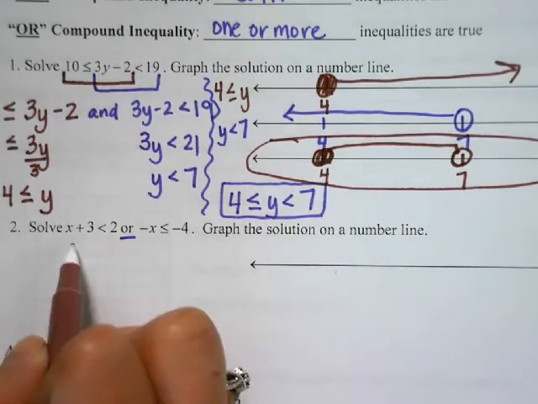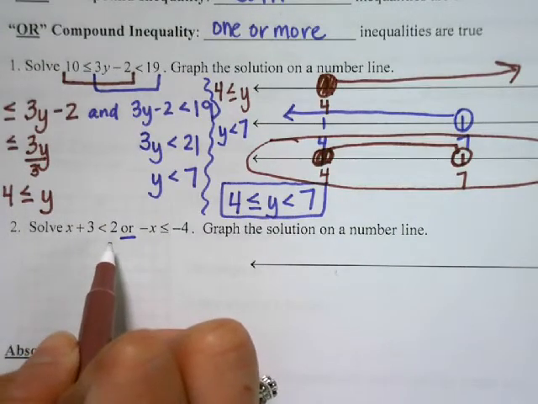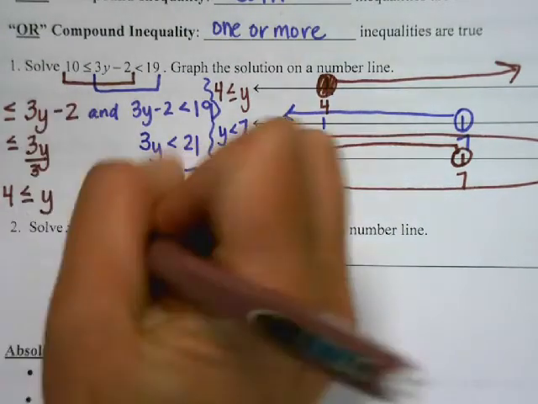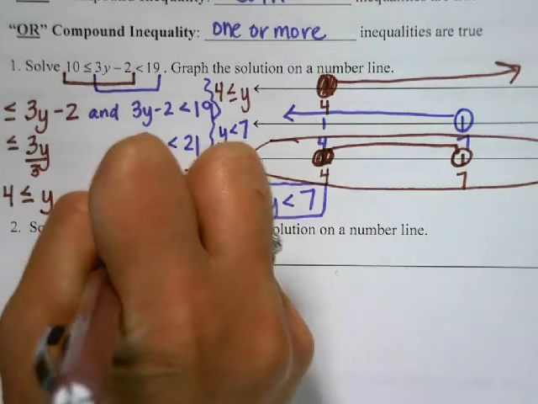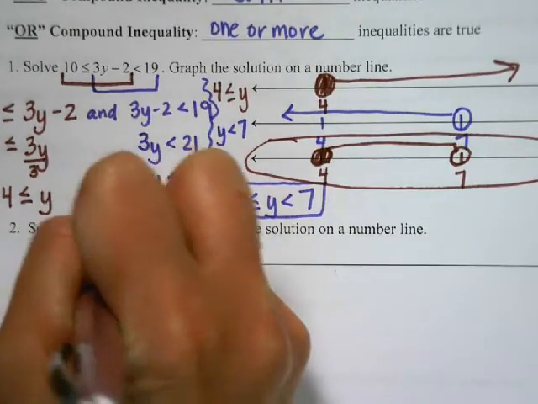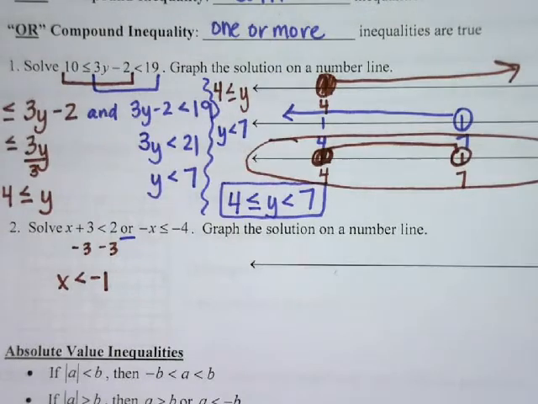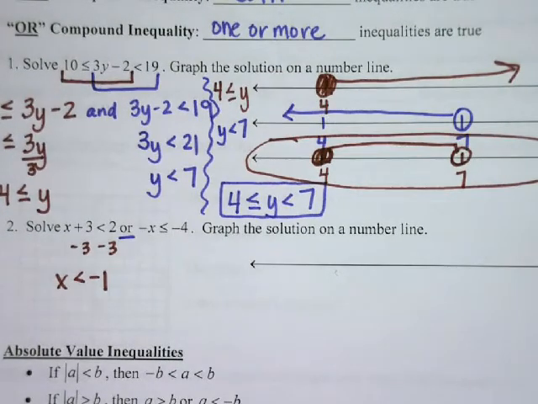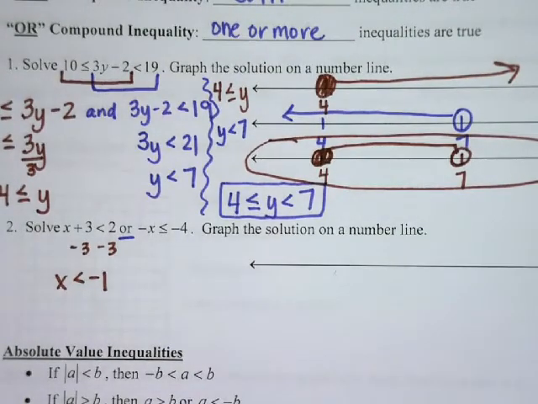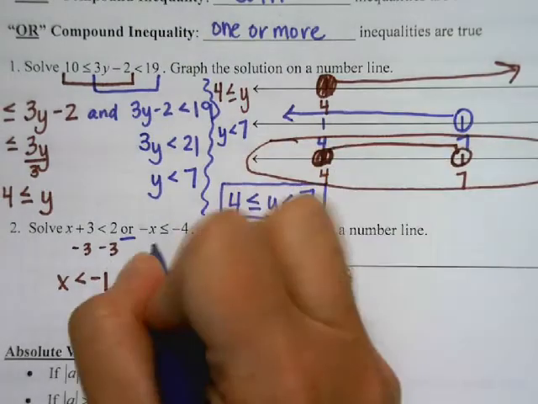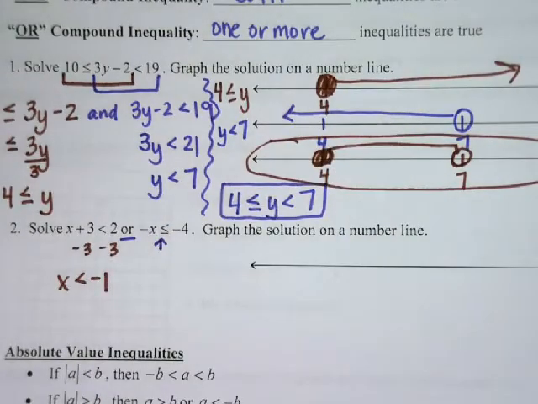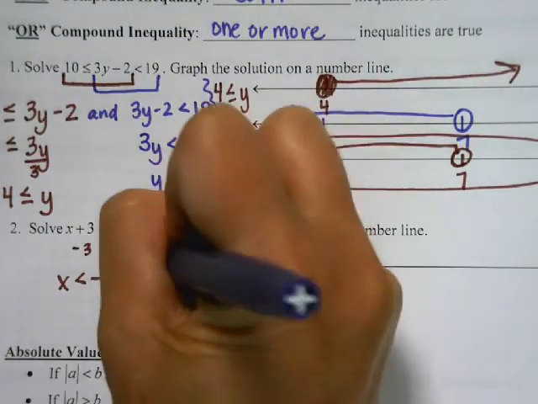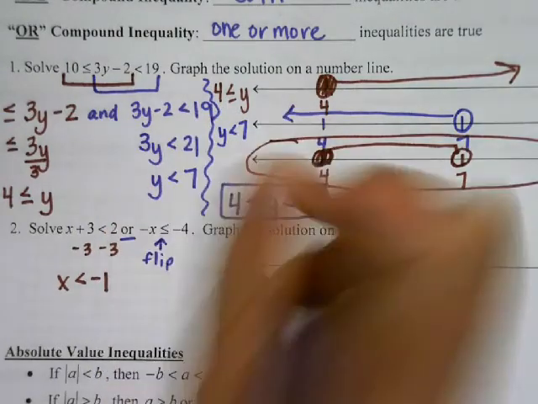Okay, let's solve the first guy. x plus 3 is less than 2. I'm going to subtract 3. So x is less than negative 1. On the next one, we have a negative x, so I have to flip that guy. Flip it, right?